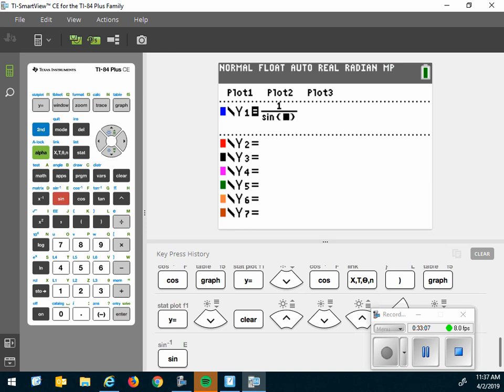Where the asymptotes will happen when, and don't tell me numbers. Look at that equation. Perfect. When sine is 0. When is sine 0? What are some angles that have a sine of 0? 2 pi, pi, 0.